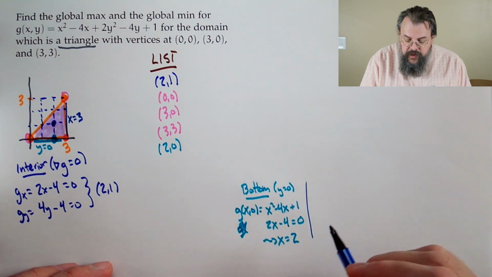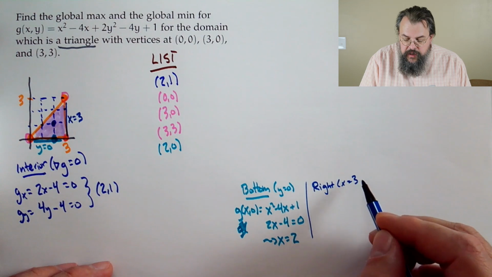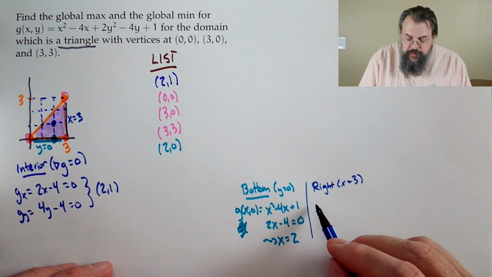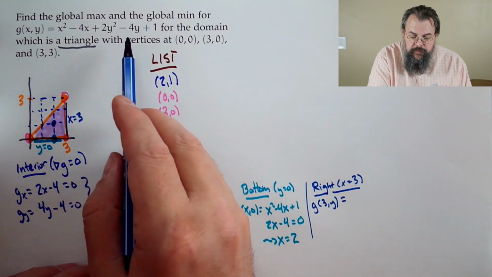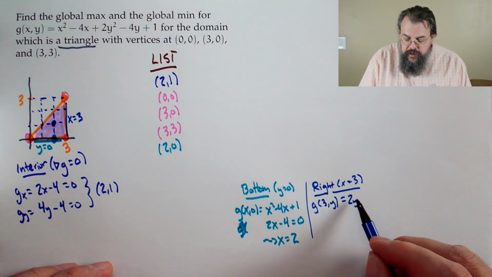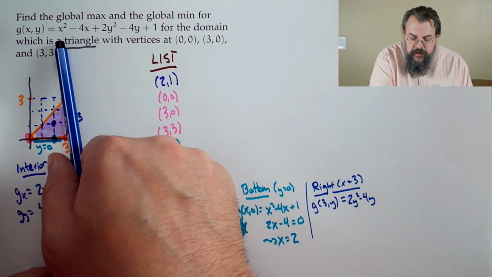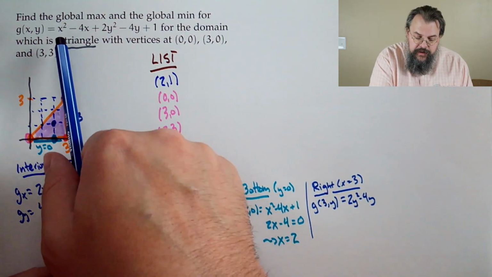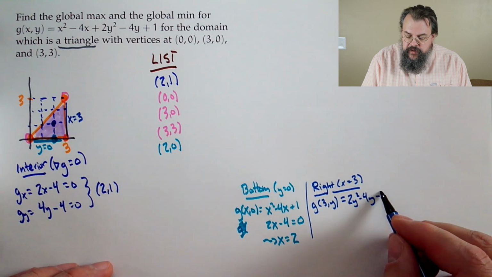So we say x equals 3, and our function becomes g of (3, y), well, there's a 2y squared minus 4y. That's great. And then we get 9 minus 12 plus 1, right? 3 squared, minus 4 times 3, plus 1, which would become minus 2.